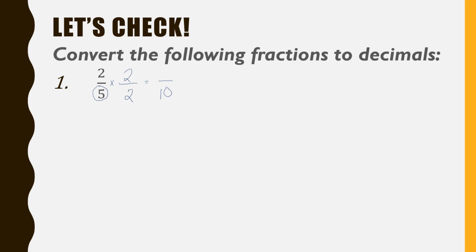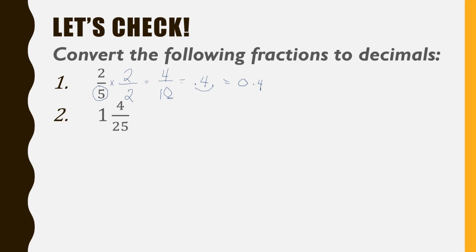So 2 times 2 is equal to 4. So 4 over 10, that is 4. And again, if the decimal point is here, we will move it one place to the left because we have one 0 here. So 0.4. That is the answer here.